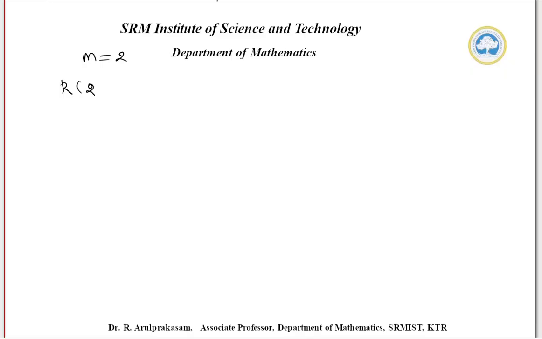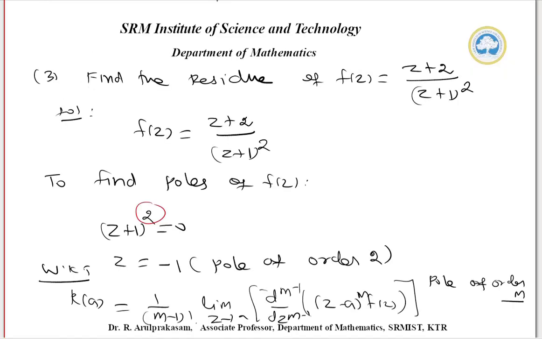Look at this formula: the order m value is 2 here, right? My pole is minus 1.